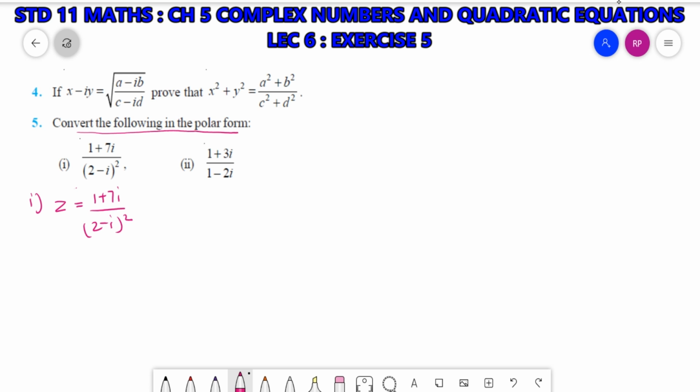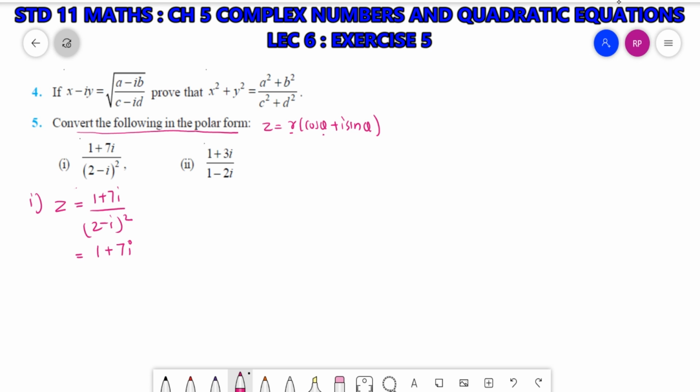So what is polar form? Polar form is equal to r (cos theta plus i sin theta). We need to find out the modulus, that is r, and theta. So first we need to rearrange in a plus ib form.